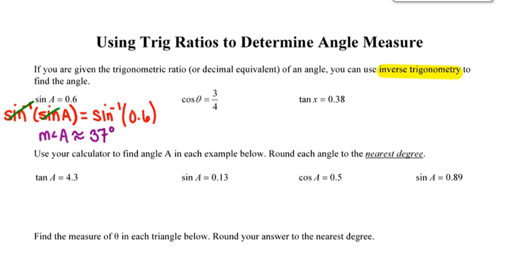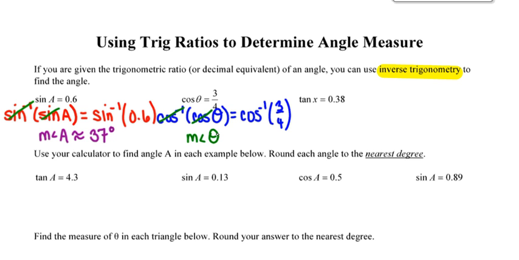And then I can do this for all of these. If I'm told that some angle has a cosine value of 3/4, to undo taking the cosine of an angle, I'm going to use inverse cosine. And again, cosine and inverse cosine undo each other.